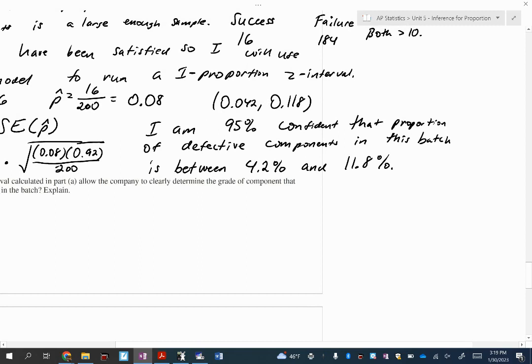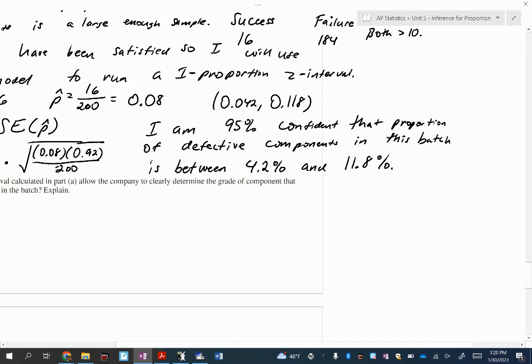Okay, say yours again, Ezekiel. I am 95% confident that the interval of values for the percentage of defective is between 4.2% and 11.7%. Okay, so a couple of things. You mentioned defective, which is good. You didn't say the word components. Defective what?